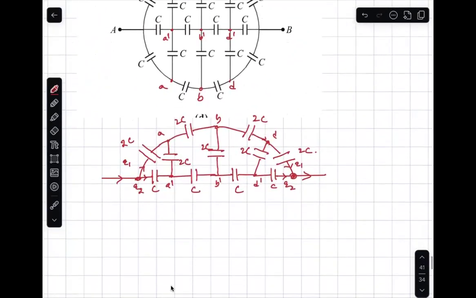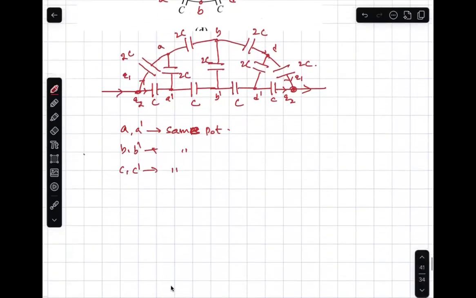Now finally this will again become A dash, same potential. B dash, same potential. C dash, same potential.